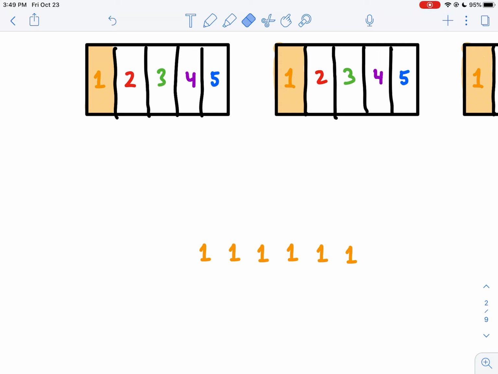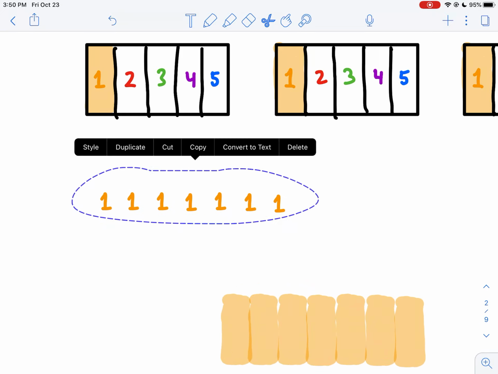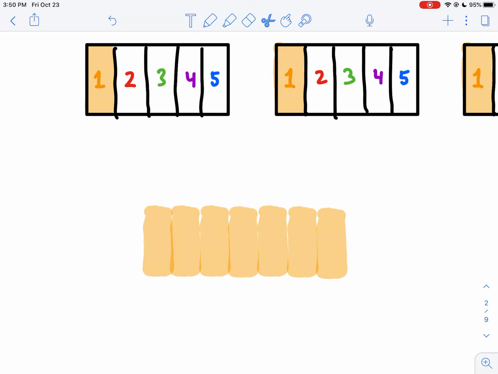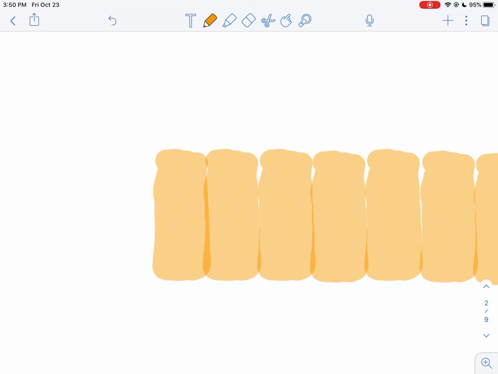I have an idea. Just grab the shading. Yes, look at that, so clever. I don't want those there. Get rid of that. I just wanted the shadings. In reality, it's probably best to put the fractions 1/5 in each of these. So each of these represents 1/5 of a brownie.